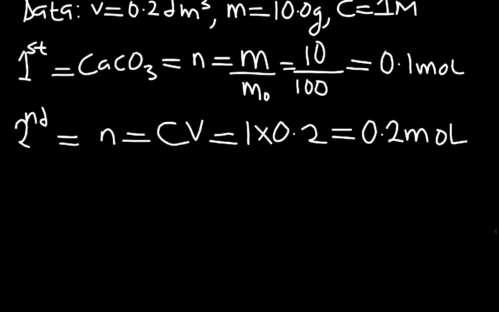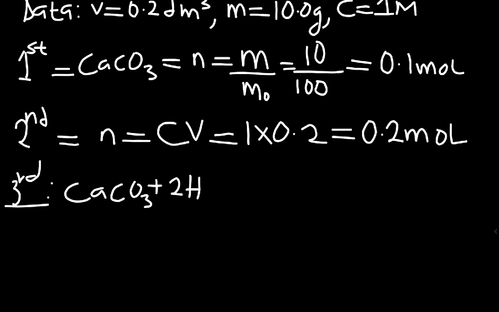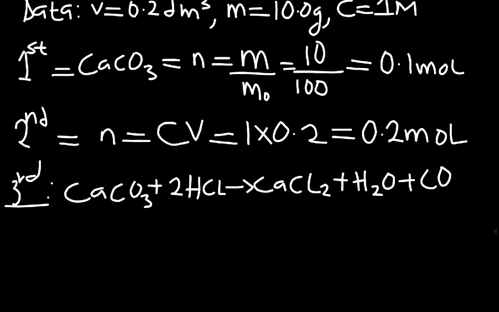The third step is now to balance the chemical equation. CaCO3 plus, I'll give the balanced chemical equation here, 2HCl, you get calcium chloride CaCl2 plus water H2O plus CO2.